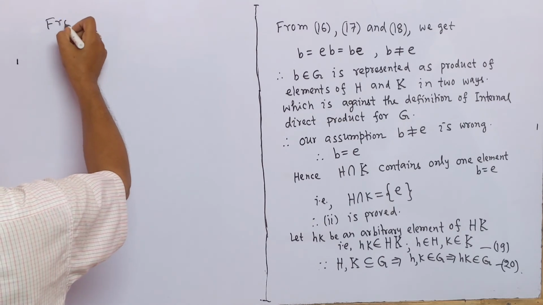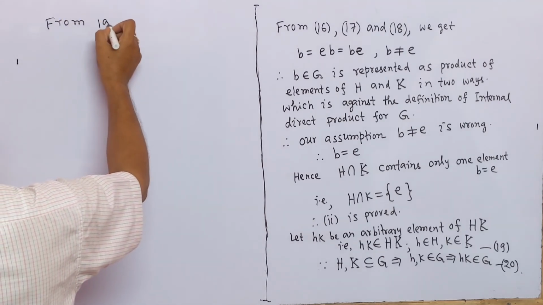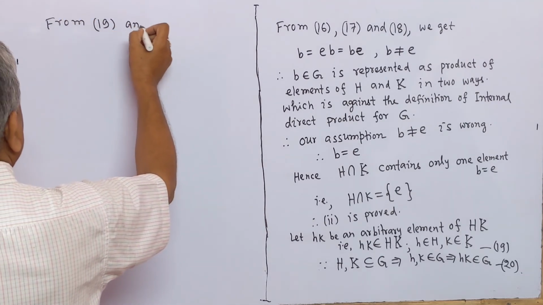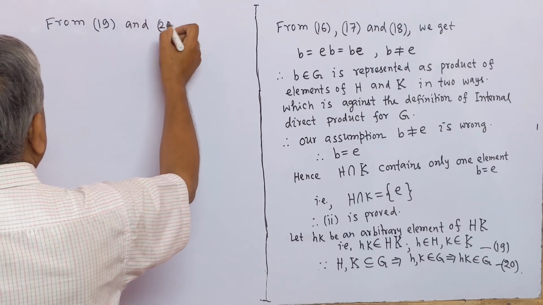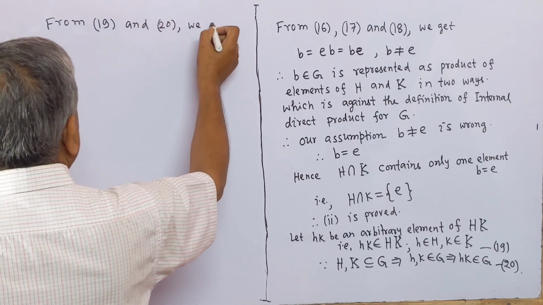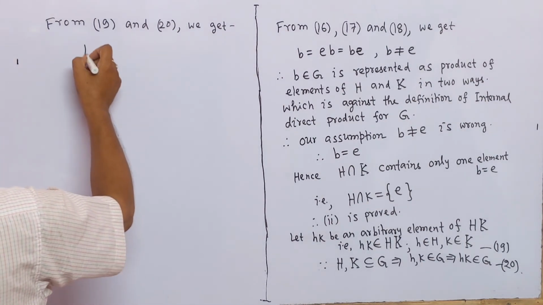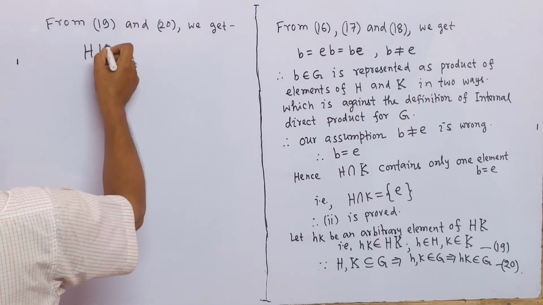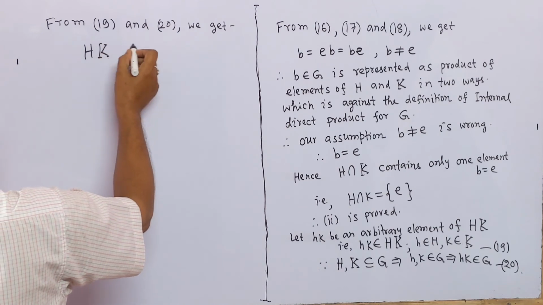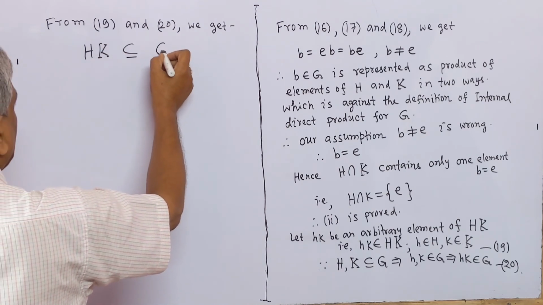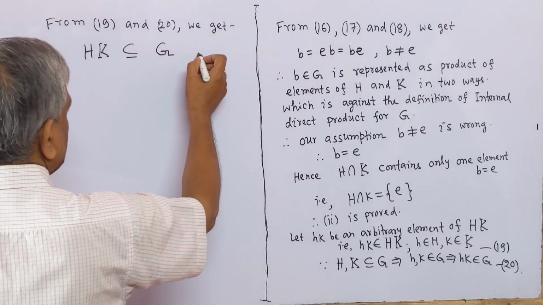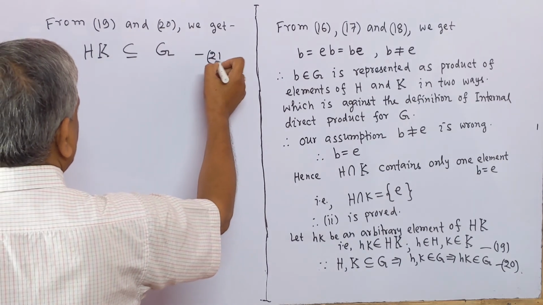From 19 and 20 we get HK is a subset of group G. This is number 21.